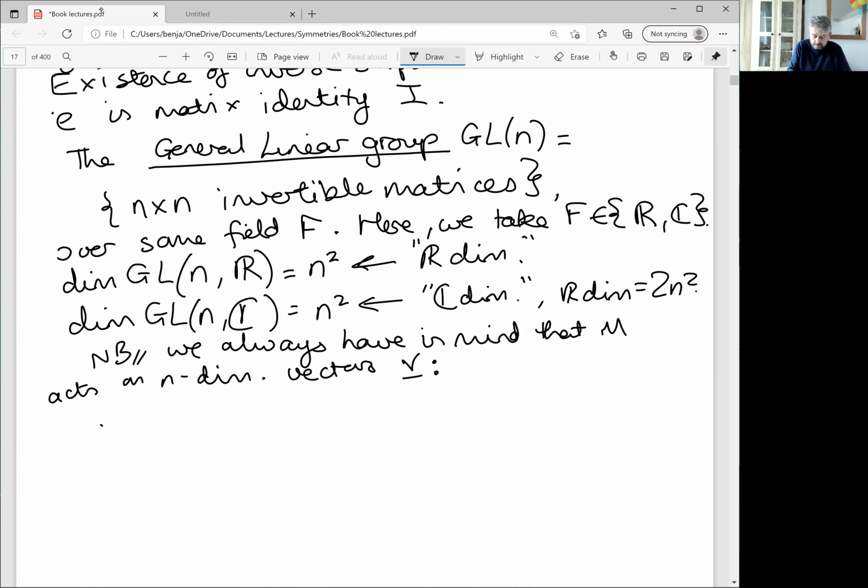So under the action of the group, these vectors go to v prime, which is m times v. That's the idea. So these groups will be symmetry groups acting on vectors.